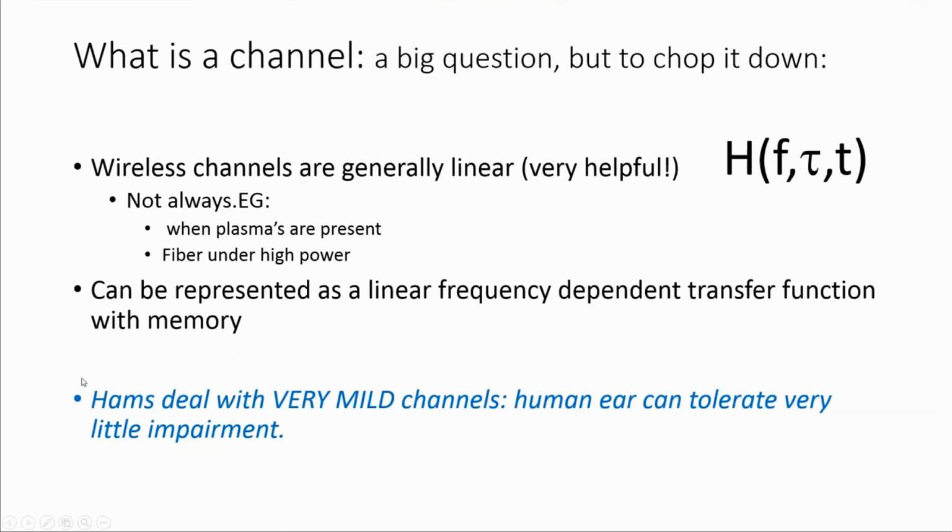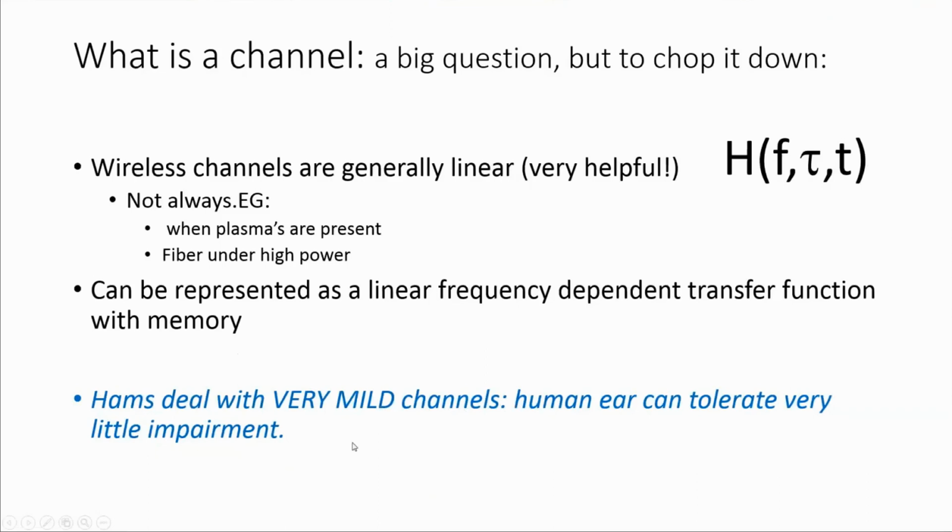One thing to note is the channels that we deal with, because mostly our wavelengths are long, except for microwave operators, the channels are very narrow band. So these are all mild channels. There's hardly any channel effects that need to be corrected, so it's not very intuitive.